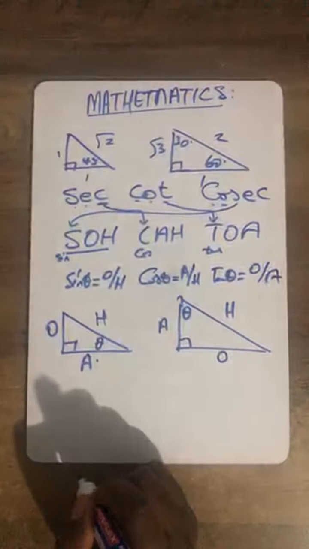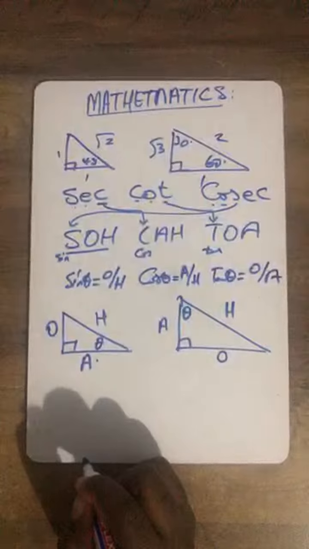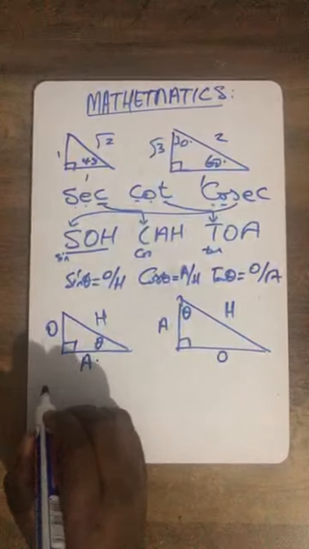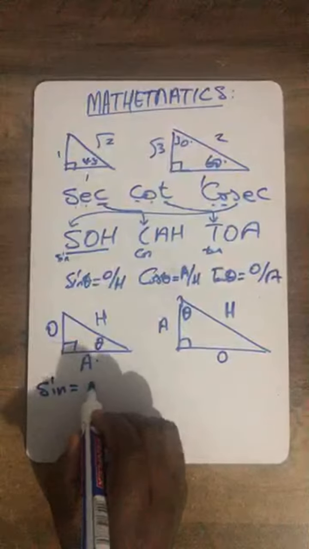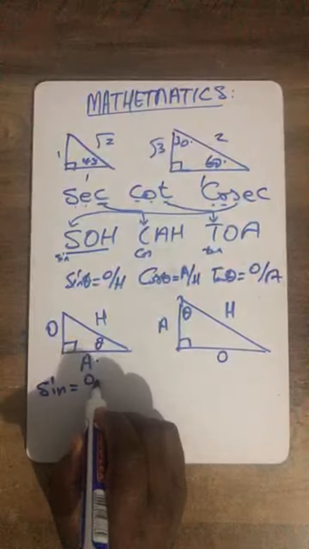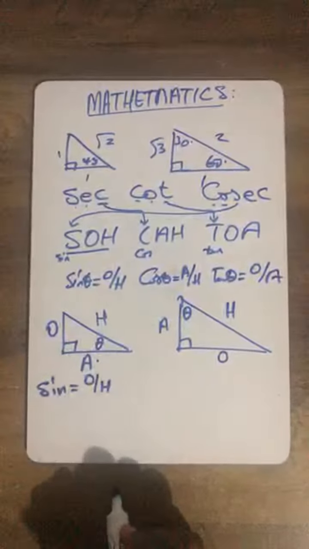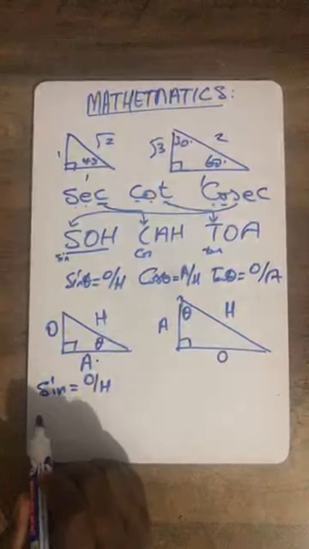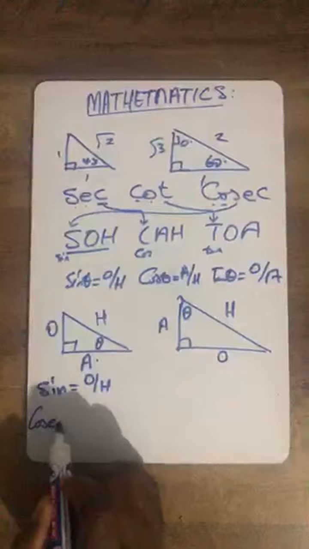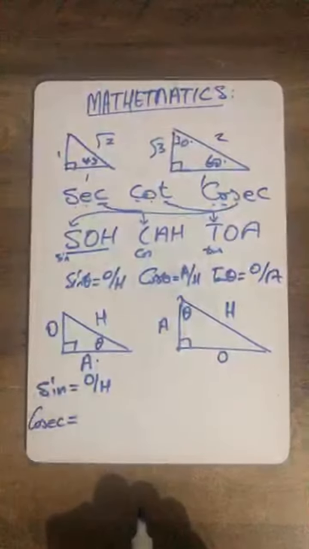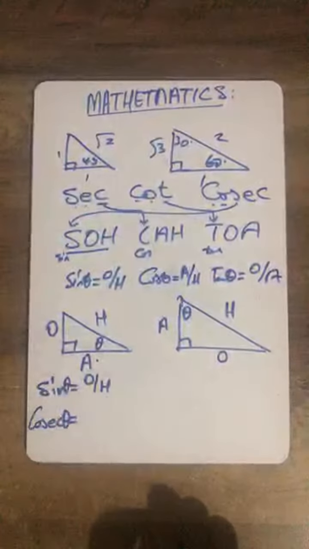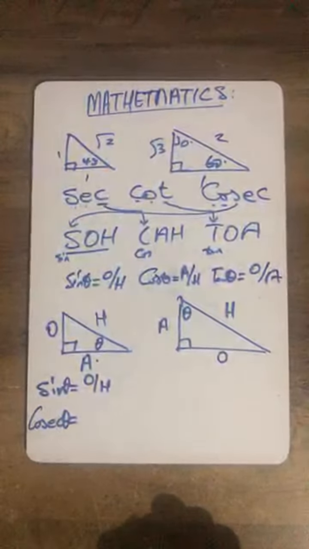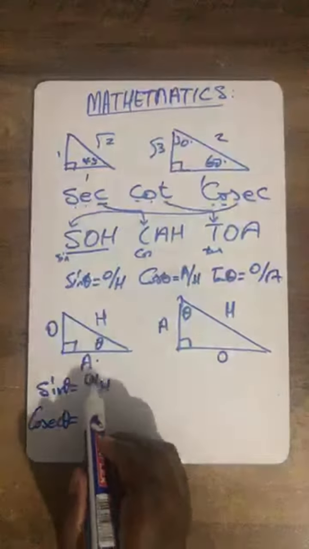That would mean, honorable members, the ratio for sine, as we said, is opposite over hypotenuse. Therefore, for cosec of an angle, you take this at the top and that at the bottom.